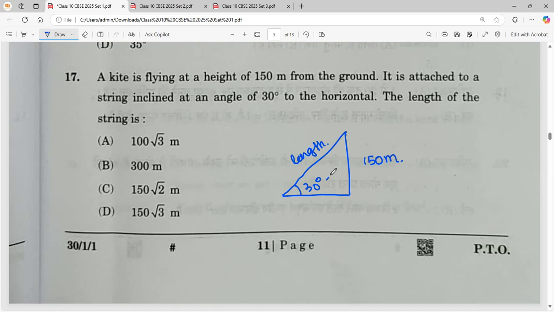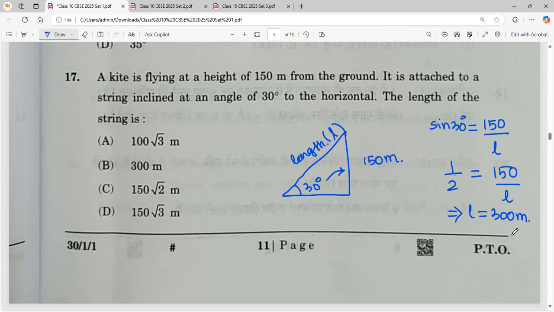This is the opposite side. So we're going to use sine 30 degrees, which is equal to 150 divided by L. Sine 30's value is 1 by 2. So 1 by 2 is equal to 150 divided by L. So L has to be 300. The string length has to be 300 meters, which is option B.